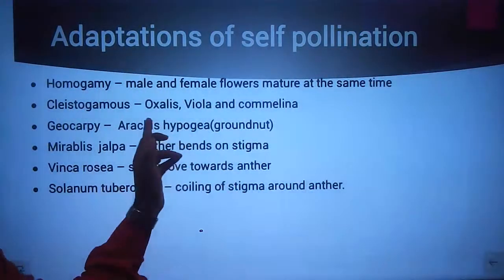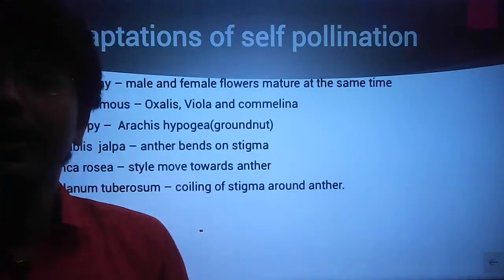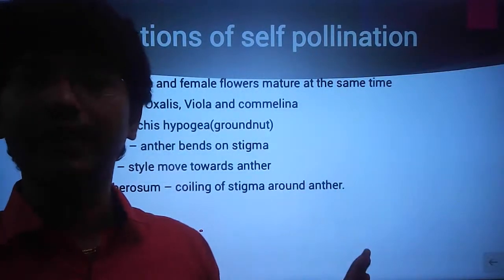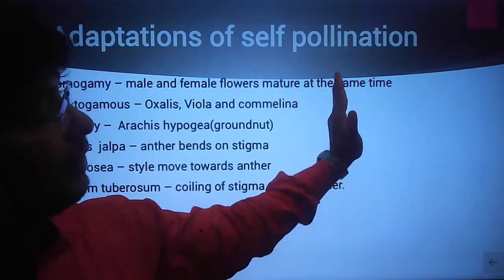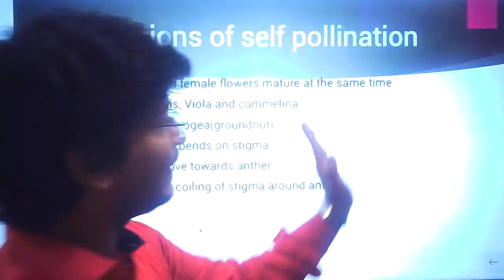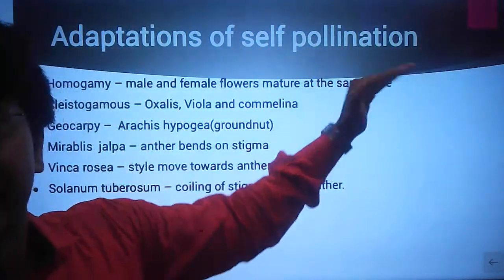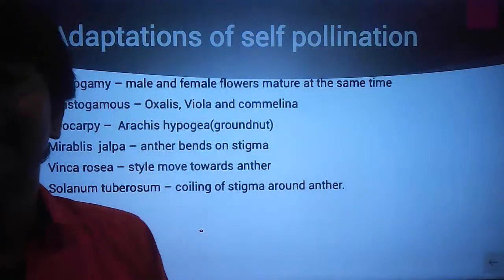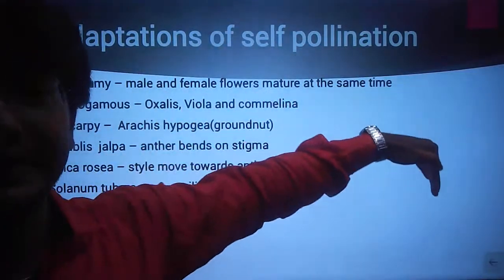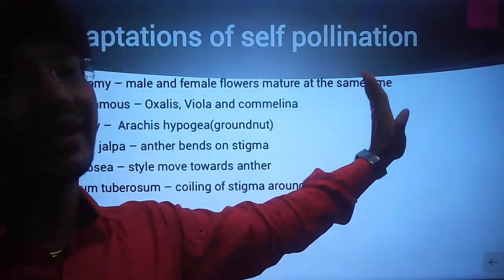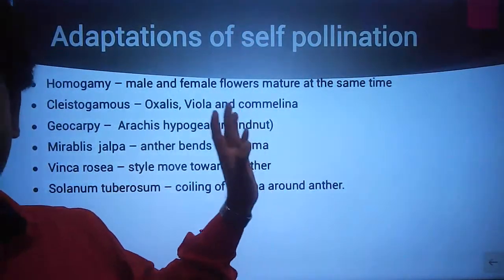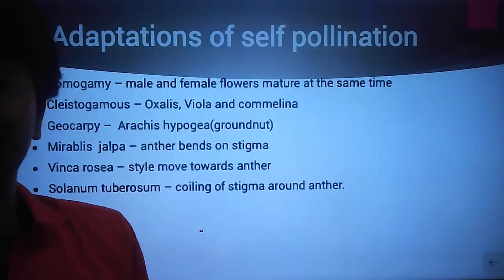So what happens in case of geocarpy at the time of pollination? Since the male and female are in different locations, the pedicel of the female flower slightly bends over toward the ground. This is a quite interesting feature of geocarpy. Once the fertilization is successful, the female flower comes back to the erect phase, the same old position.